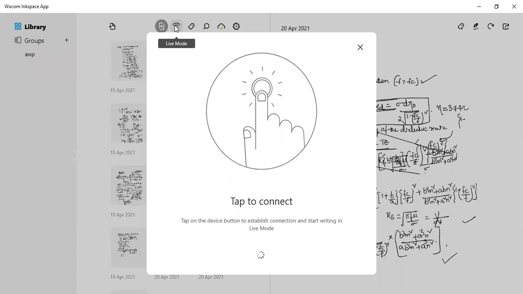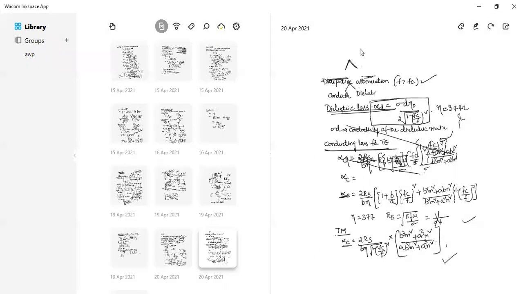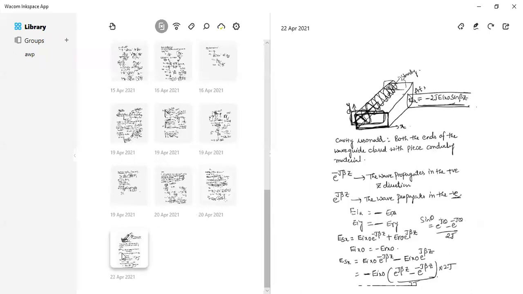What is the length we have taken? One minute. I've represented it with A, B, and D. What is D? I'll just go back and show you. This is the waveguide we have taken. D is nothing but this length along the Z direction.